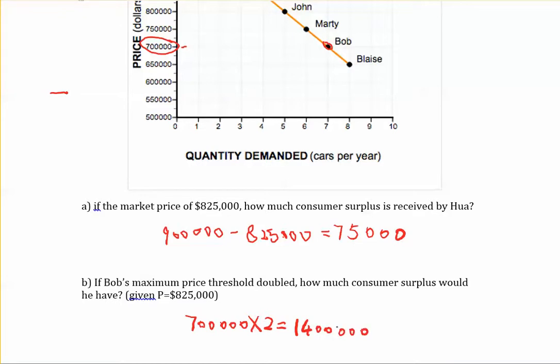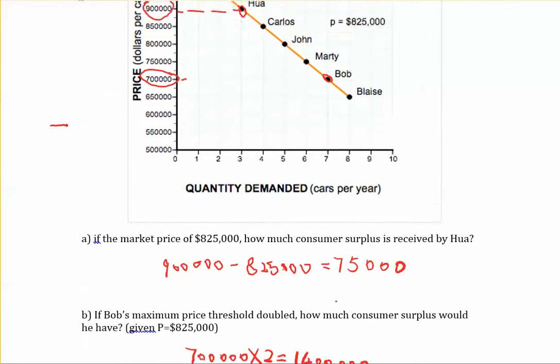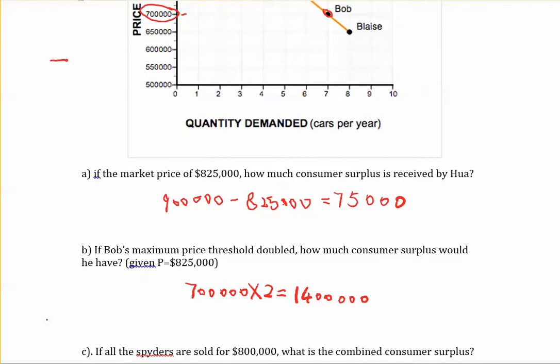So that is now how much he wants to pay. In order to calculate the consumer surplus, we use the same idea. You use the maximum price Bob wants to pay after doubling minus the market price. So that will be $1,400,000 minus $825,000, and what we will get.